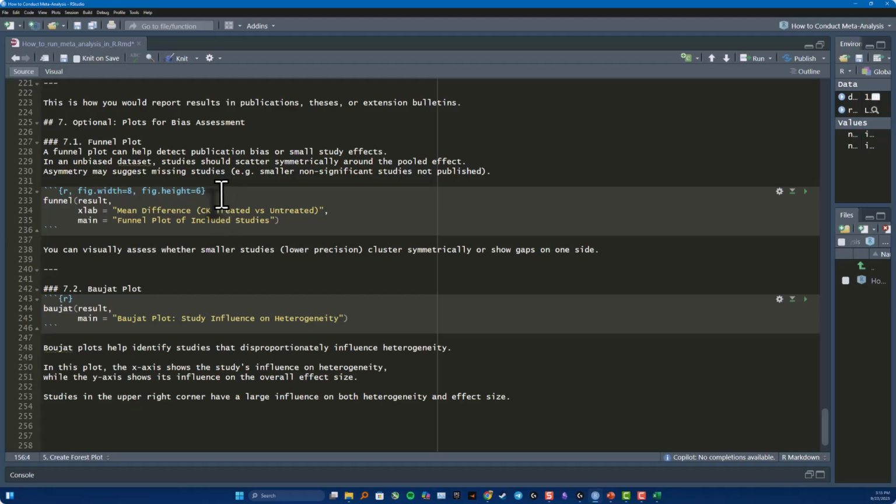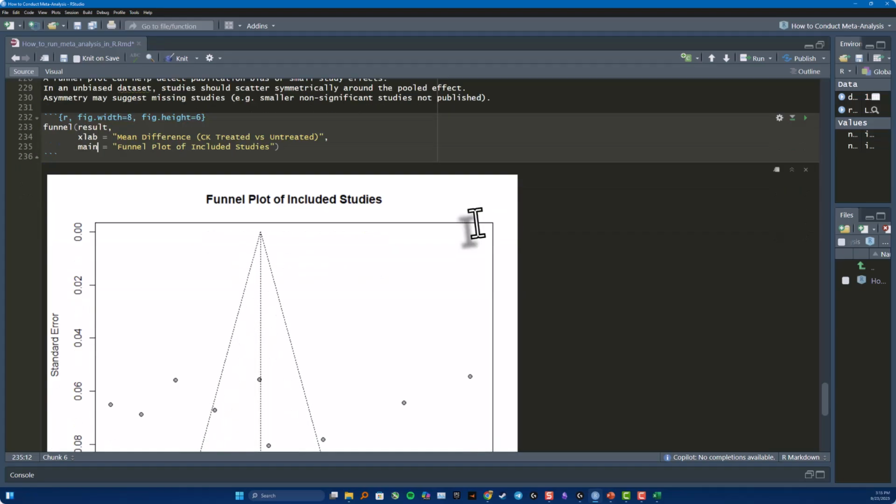Now, a good way to understand whether or not your publication meta-analysis has bias or some small study effects, as I note here, you can run something called a funnel plot. And the funnel plot is another function within the meta package. So you just write funnel, you type in your result, and then you can just put your labels here.